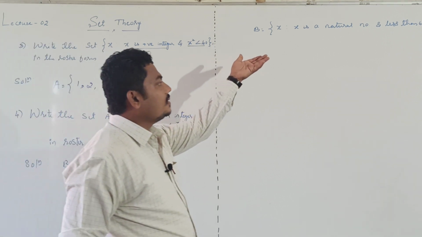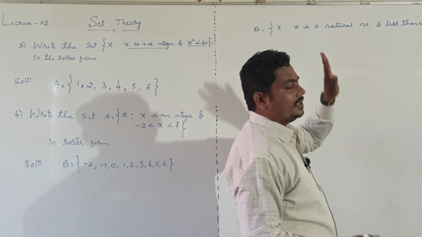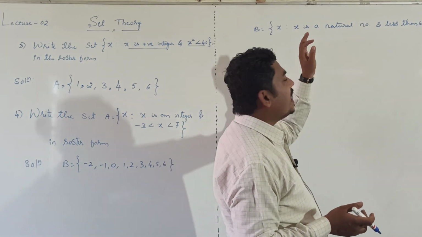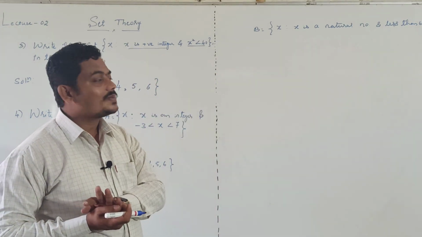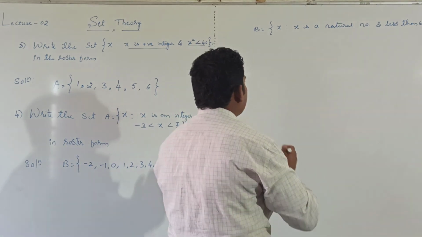This is set builder form. They have given a common property. Here what is the common property? One of the properties is a natural number. It is the first property. Second property, it should be less than 6.